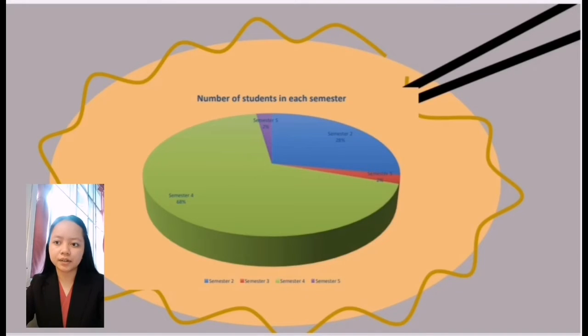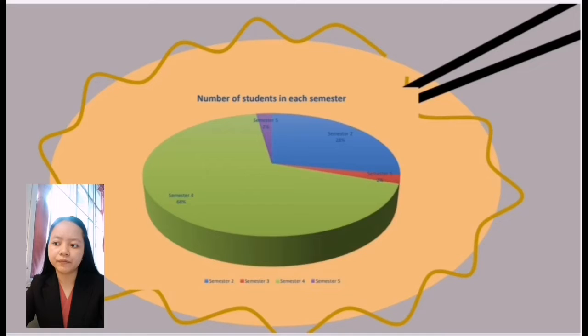The data shows the number of students for each semester that became respondents for this study. Respondents from semester 2 contribute 2% of the overall percentage and only have 1 respondent. Respondents in semester 3 also contribute 2% of the overall percentage with only 1 respondent.